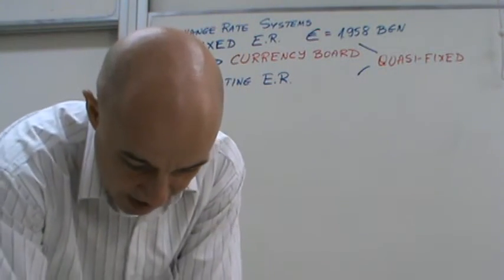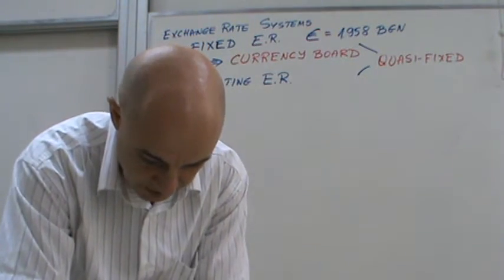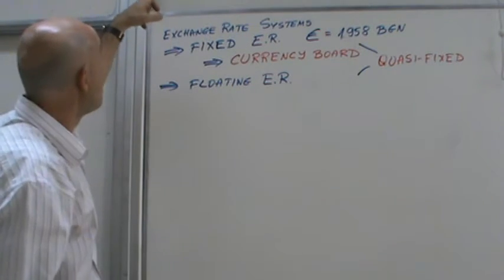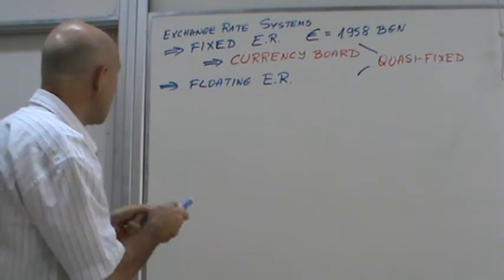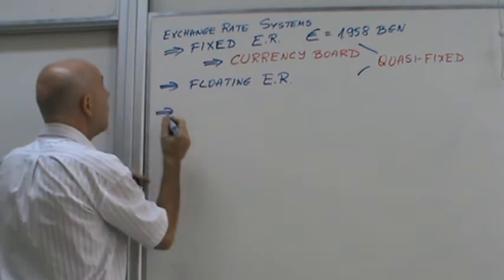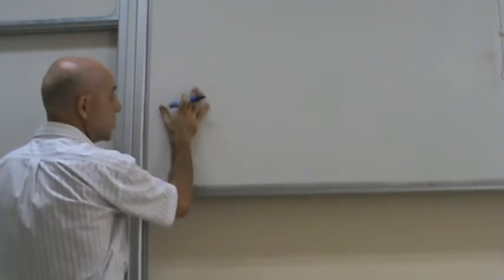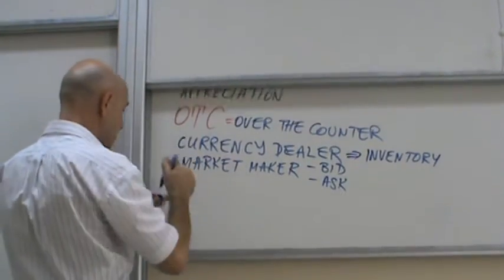Let's see what else we got. Floating, fixed, okay. Well, the market and the currency market over there will be part of, I can actually continue over here for the market.